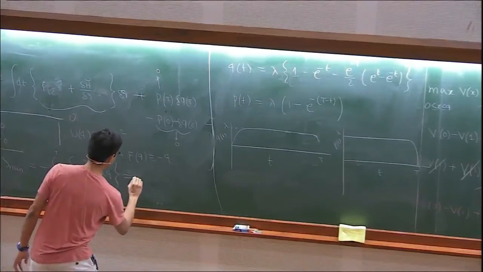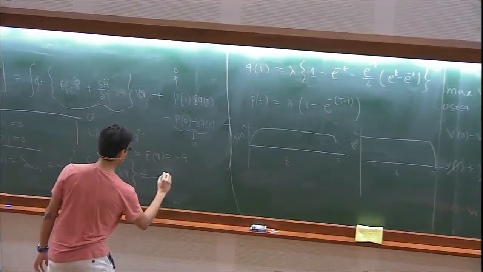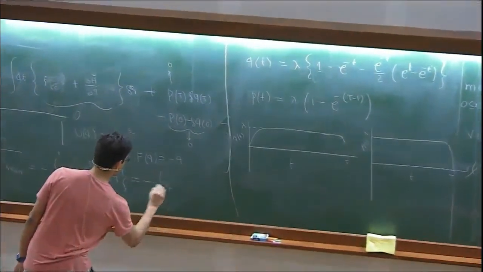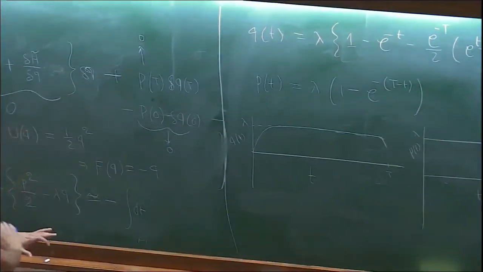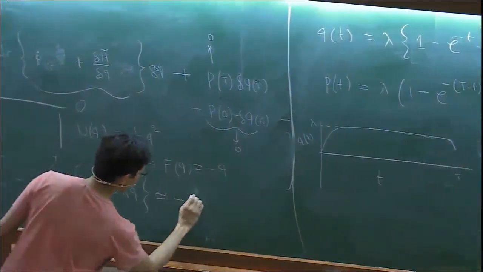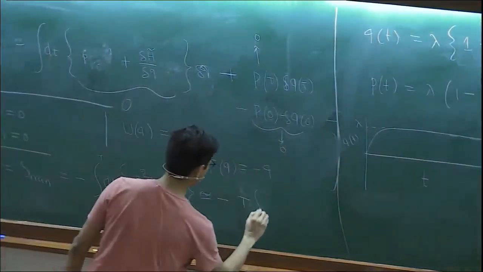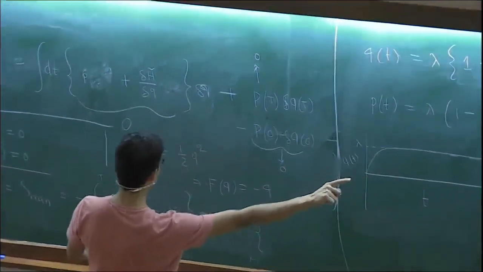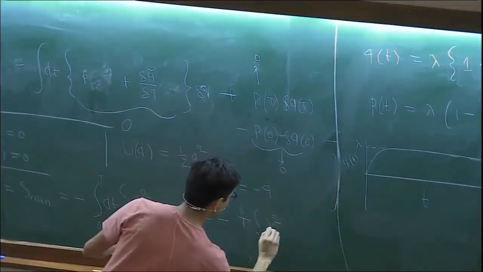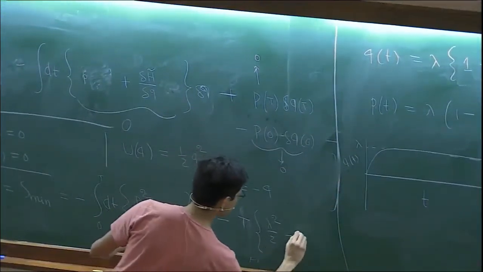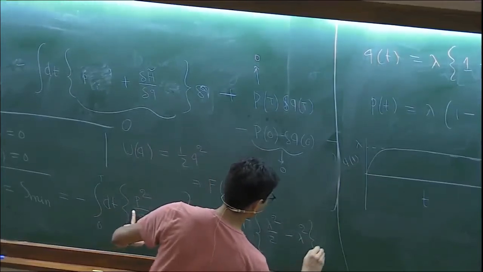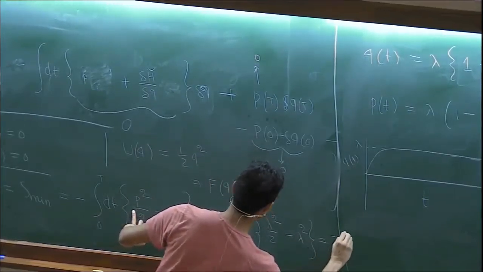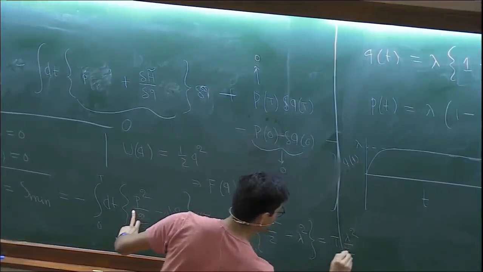So I simply replace this. I have dt, so it's roughly, since P and Q are constant most of the time, a factor T. P remained at lambda, so it's lambda square by 2, minus lambda. Q also remained at lambda. So this is simply T lambda square by 2.